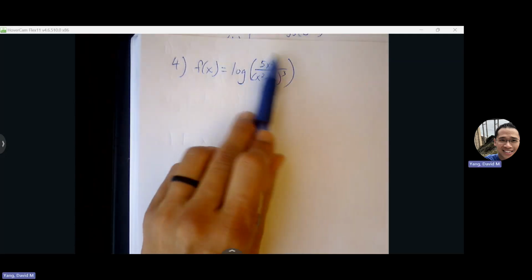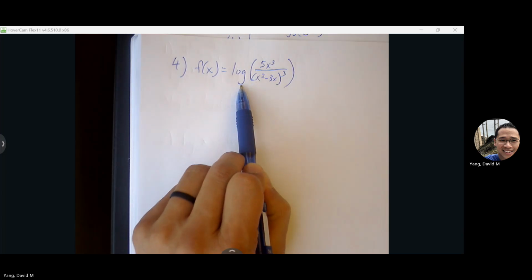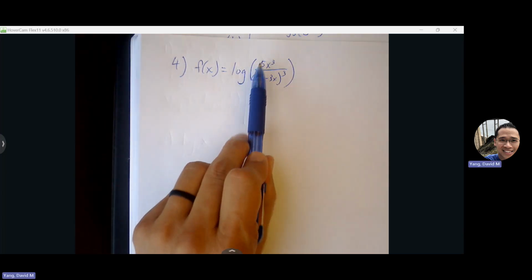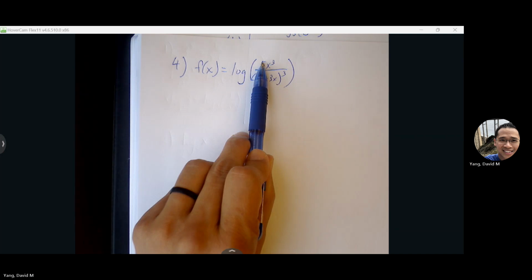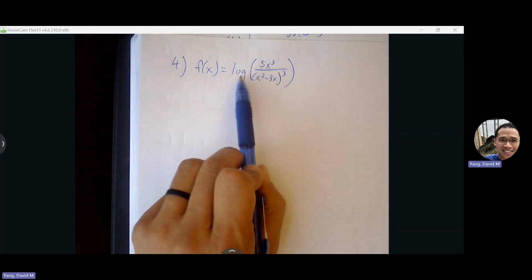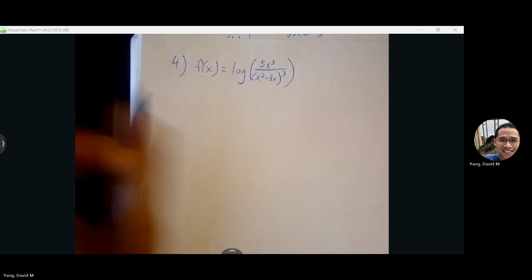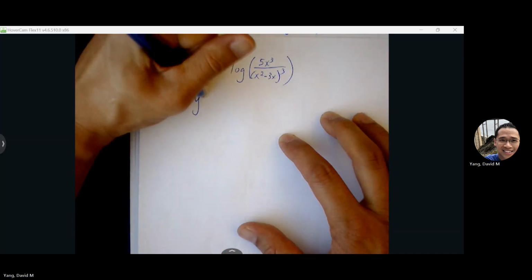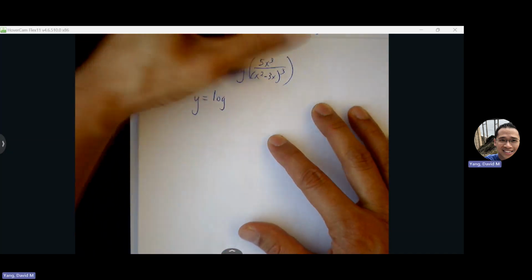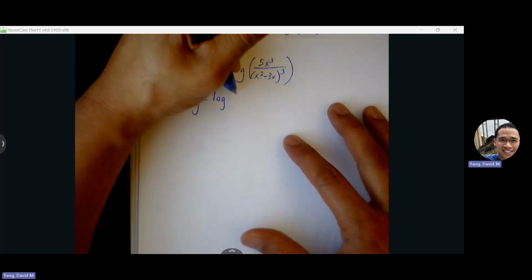What would you do first? Expand, right? Quotient property. Log of a over b, or natural log of a over b, is just natural log of a minus natural log of b. So we'll just treat it like natural log until the very end.